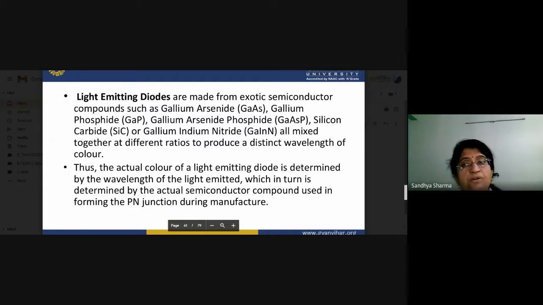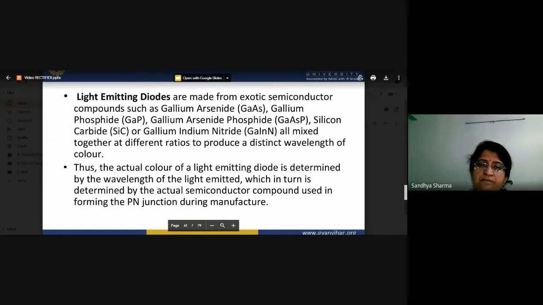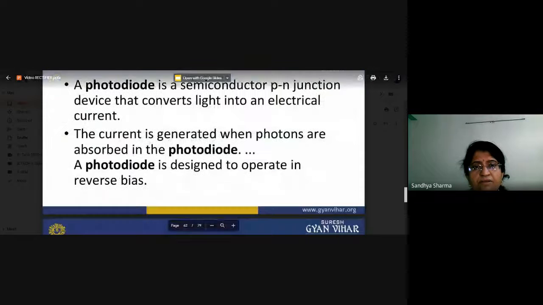So how can you determine color? Color depends on the wavelength of the signals emitted. This is the reason through which we can determine the different colors.